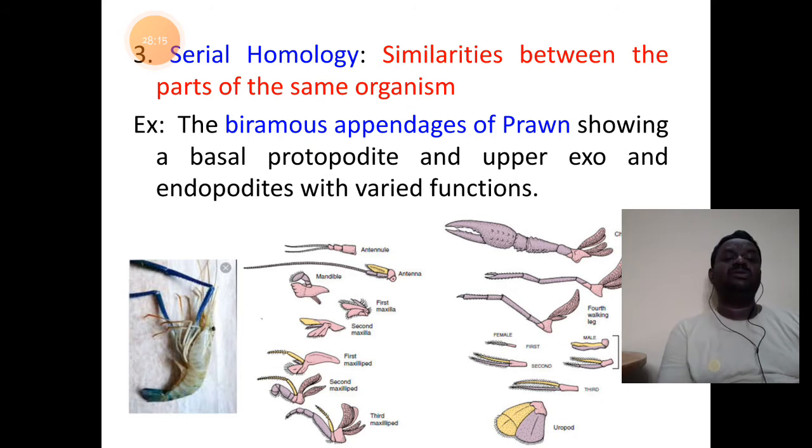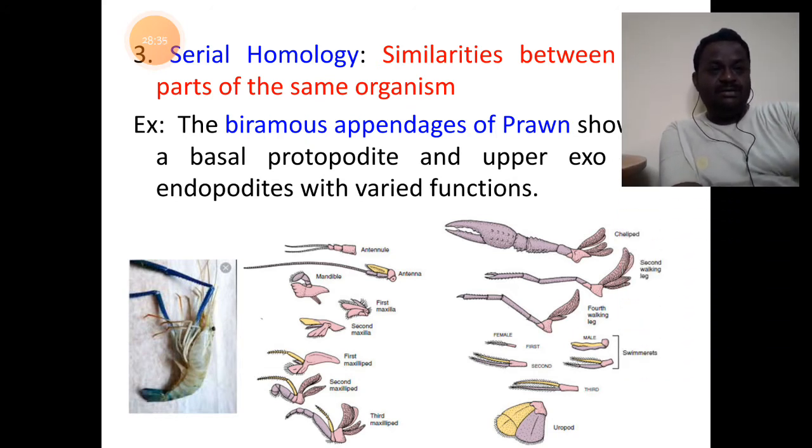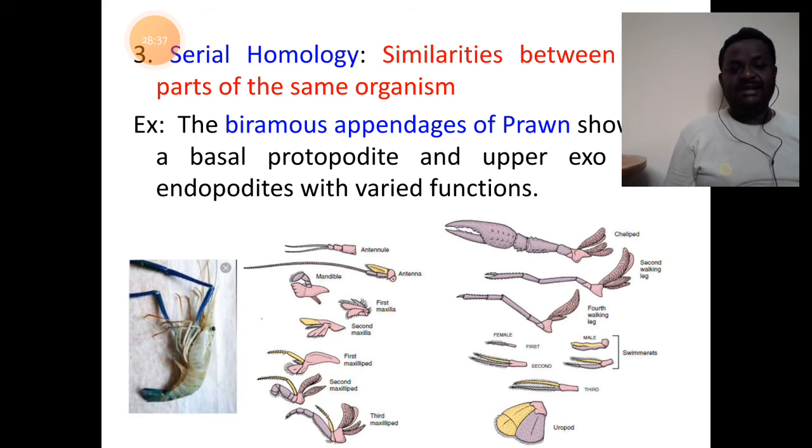Prawn shows appendages like antennule, antenna, mandible, first maxilla, second maxilla, first maxillipede, second maxillipede, third maxillipede, then chelate legs, non-chelate legs, then swimmerets, then uropods.